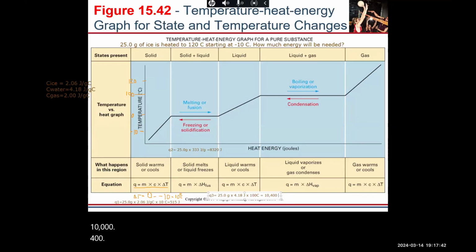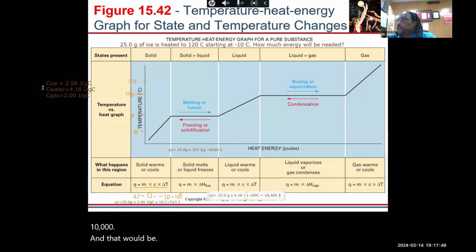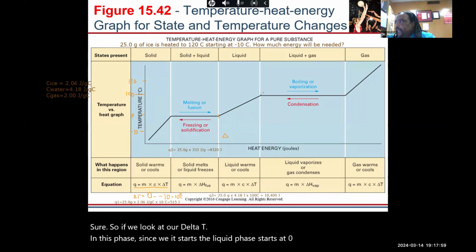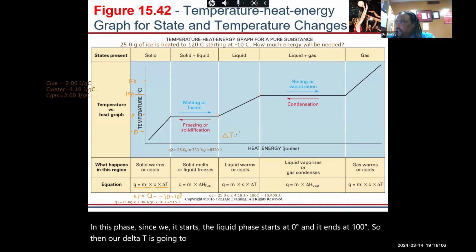Could you now explain where you got the 100 degrees Celsius from again? So if we look at our delta T in this phase, since the liquid phase starts at 0 degrees and it ends at 100 degrees, then our delta T is going to be T final minus T initial.